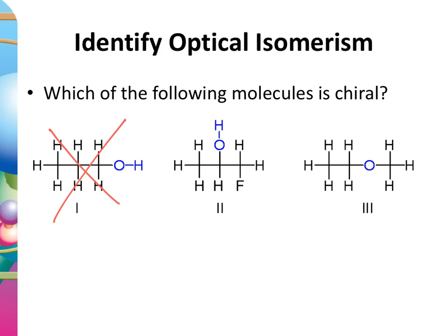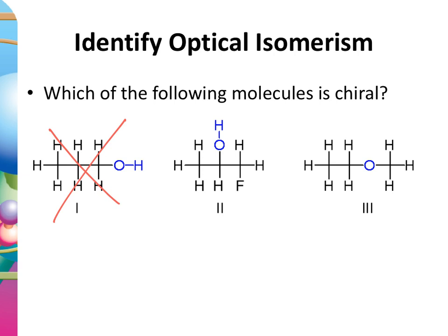What about the second one? If we look at the first carbon here, we can see that there are three hydrogens attached. So that clearly isn't a chiral center. If we look at this one here, what have we got attached to it?